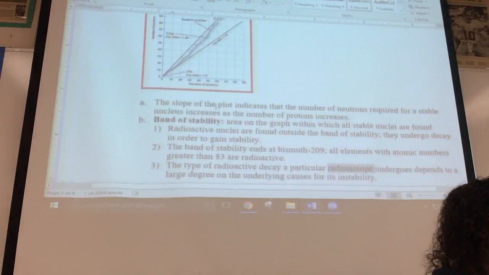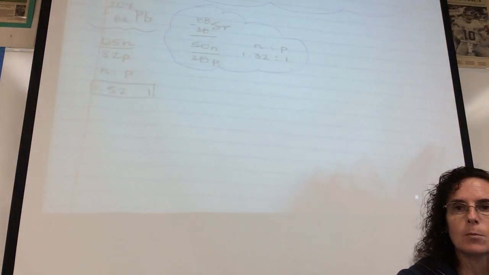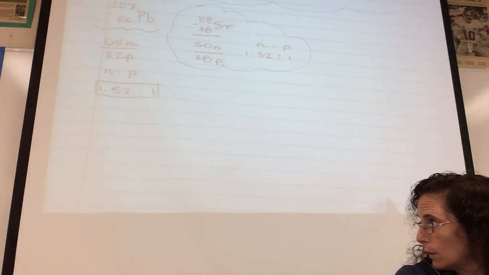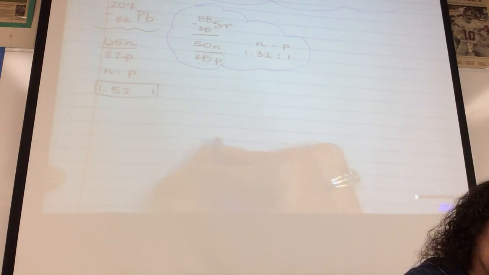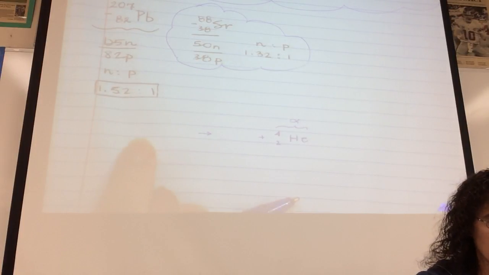We looked at it briefly yesterday. You may or may not recall, for example, if you emit an alpha particle, what will happen to the atomic number as compared to the original?